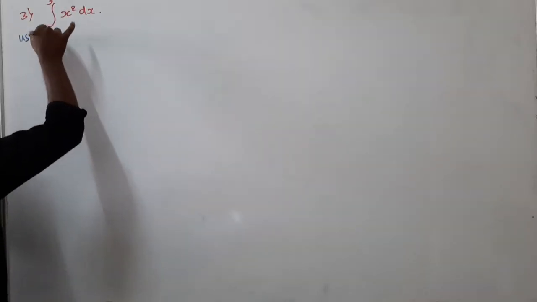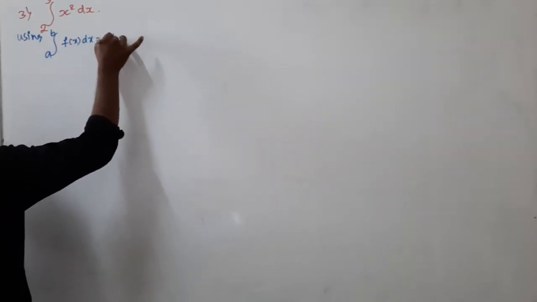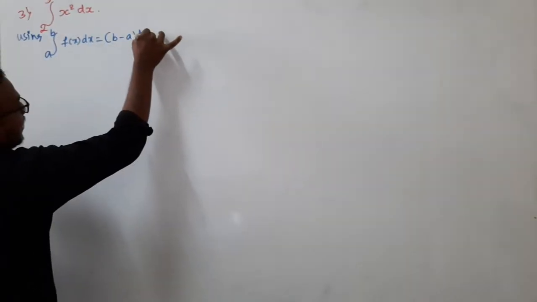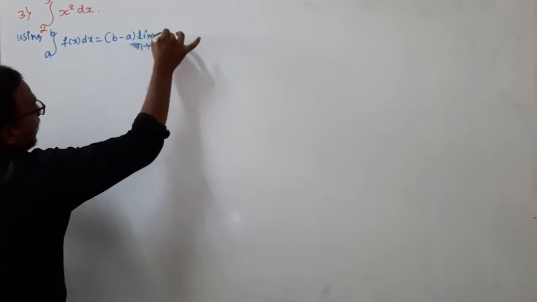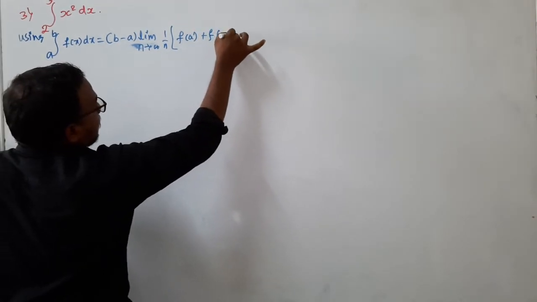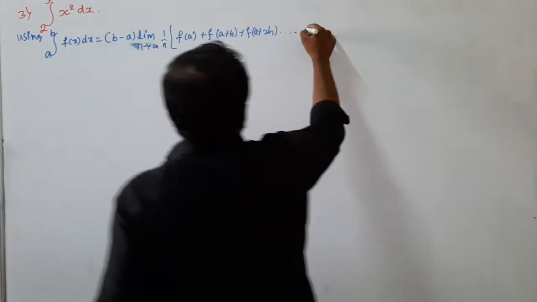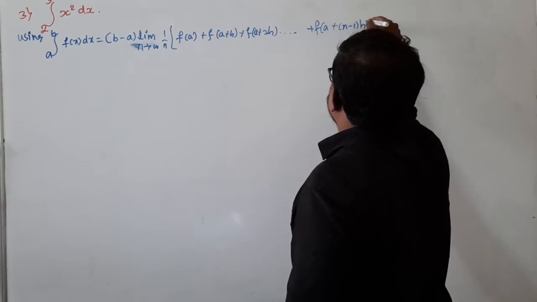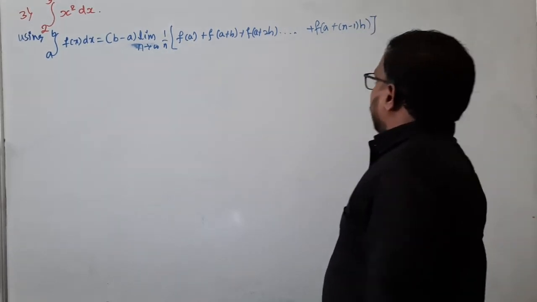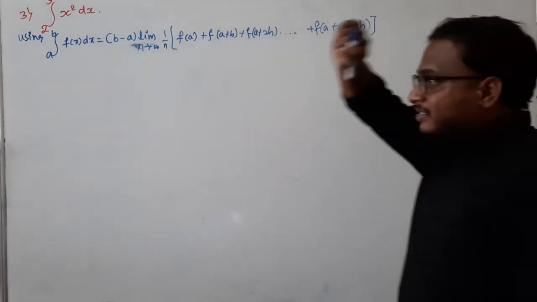That is the integral from a to b of f of x dx, which is equal to (b minus a) times the limit as n tends to infinity of 1 by n into [f of a plus f of a plus h plus f of a plus 2h, and so on up to plus f of a plus (n minus 1) into h]. Okay, this is the formula.